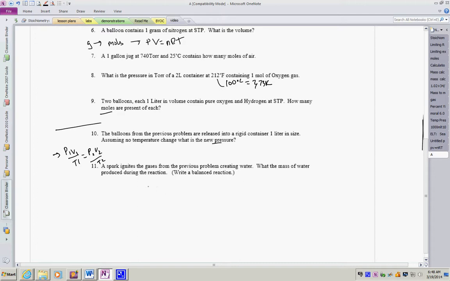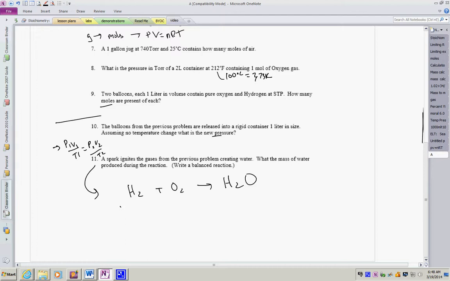All right, this is a little harder. Okay, so in this case, we're going to take the hydrogen. Hydrogen plus oxygen yields water, and we'll need to create an ICE table. This is relying on the previous stuff from our previous chapter, and I will give you a chance to work this through.